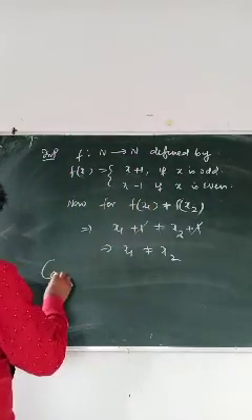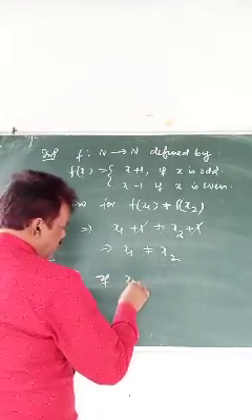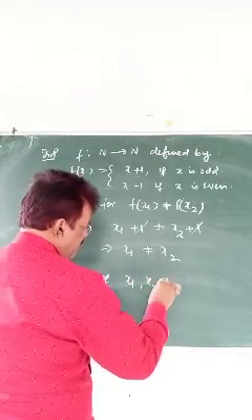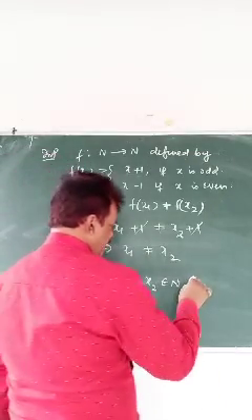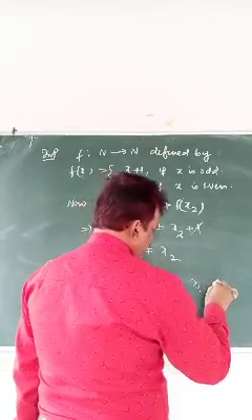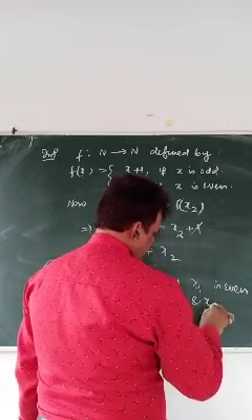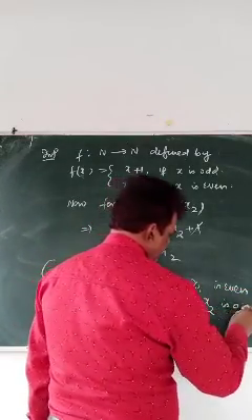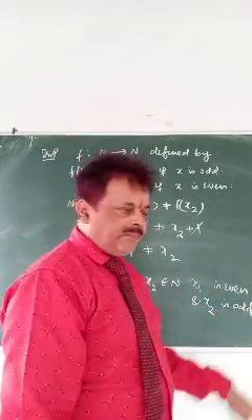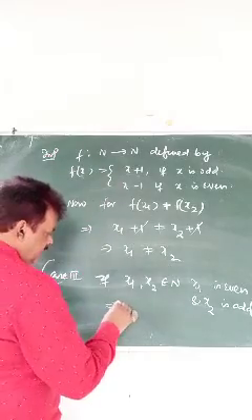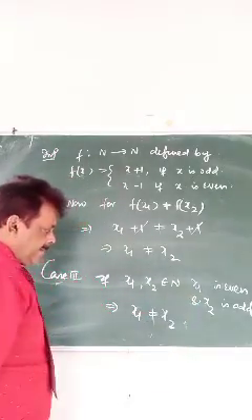Case 3. If x1, x2 belong to natural number, x1 is even, x2 is odd. Obviously, even and odd are not the same. That means the first conclusion is x1 is not equal to x2.